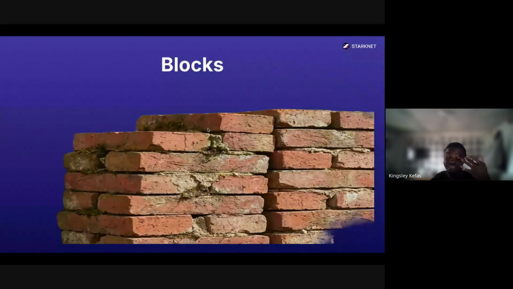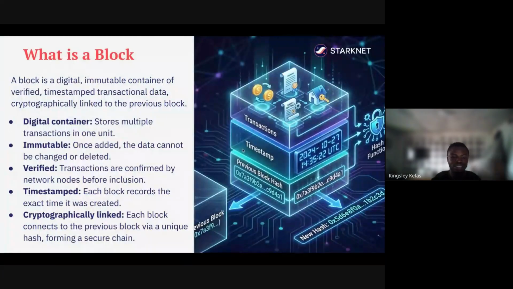And then these blocks are being connected by, I don't know what to call this, but basically cement, right? If you did not include cement here, these blocks will not hold each other. Definitely at some point they will fall off, right? So basically transactions have to be verified before they are included in the block.